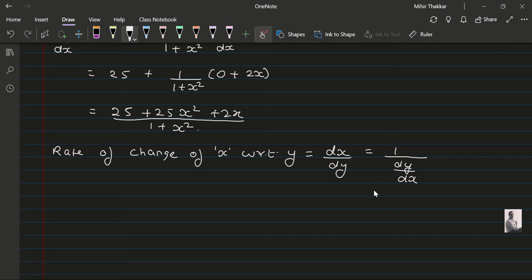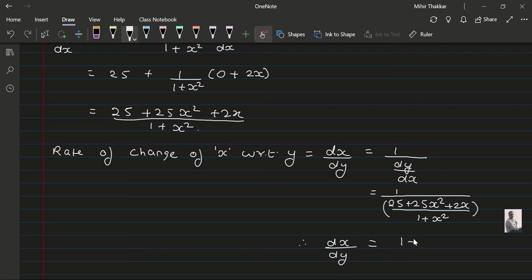And what is that? It is 1 upon this entire function, 25 plus 25x square plus 2x divided by 1 plus x square.